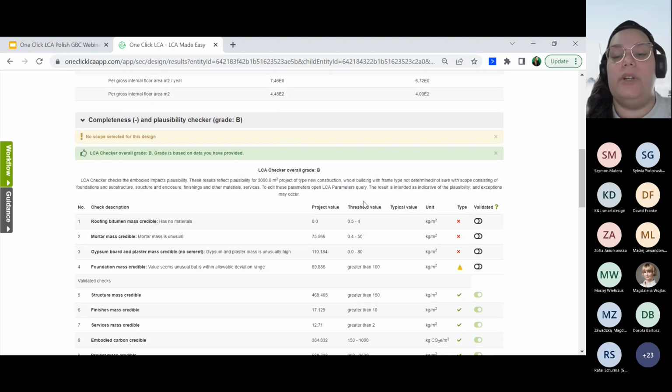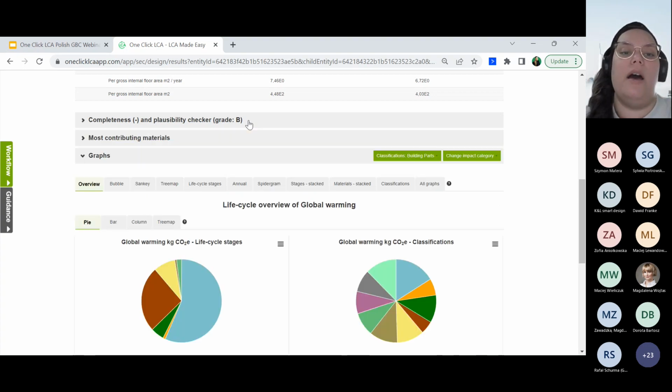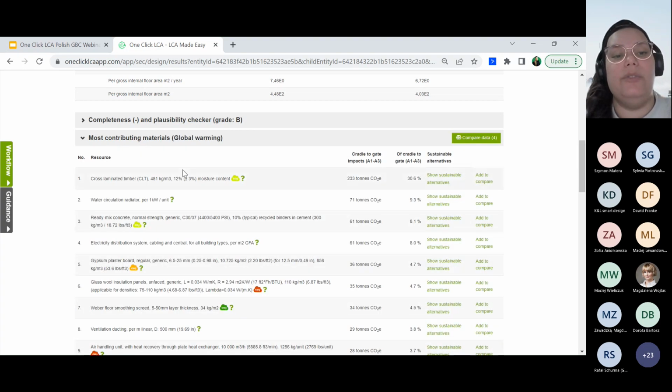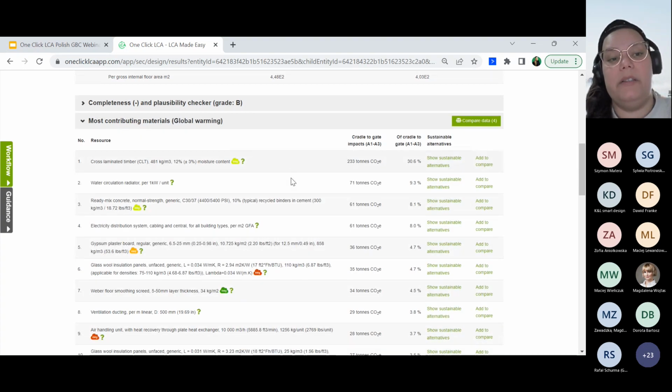And we have a threshold value, which is a reference value, for example, of what is usual in this kind of project. And we can compare with ours and also improve on it. Then we have also the list of the most contributing materials. So here we have, for example, the cross-laminated timber as the most contributing material.